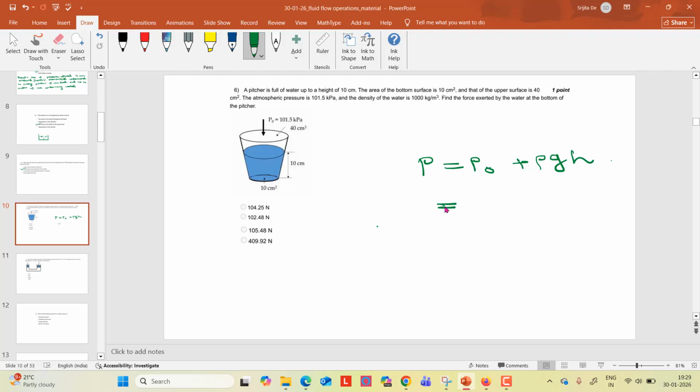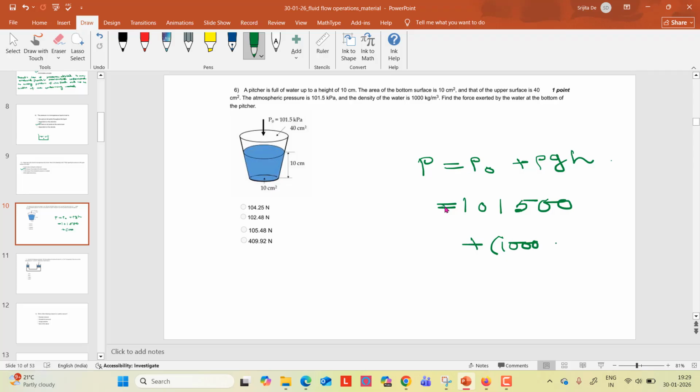That is 101.5 kilopascal, that means 101500 Pascal, plus rho of water is 1000 kg per meter cube.